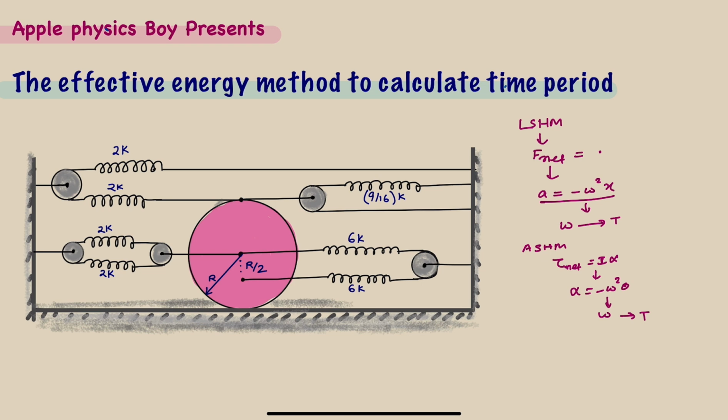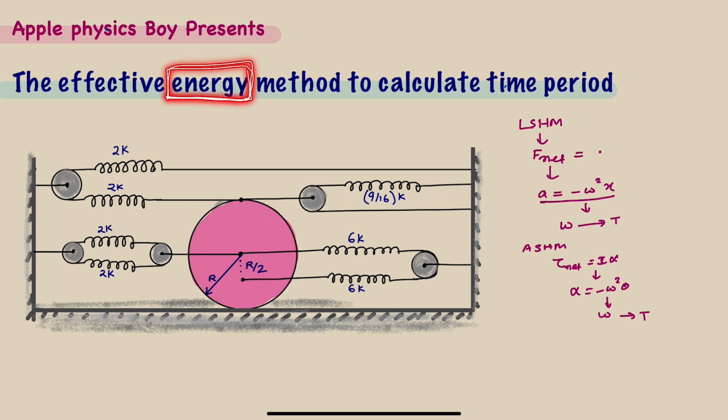Be it angular or linear simple harmonic motion, the energy of the system always remains constant. It is because simple harmonic motion involves the restoring force, which is conservative in nature. So we know that energy is a scalar quantity, and in simple harmonic motion, total energy remains constant.